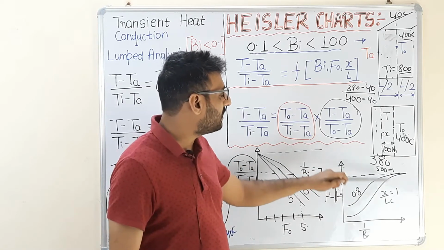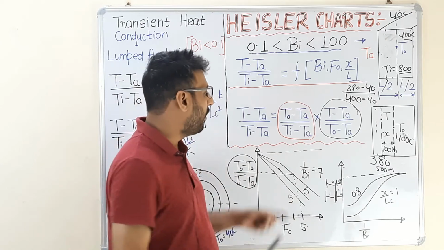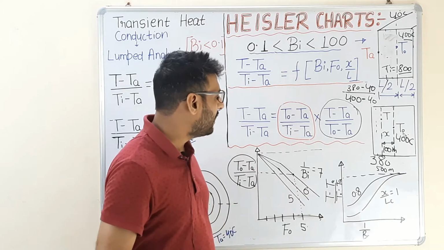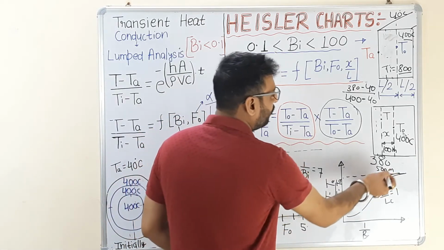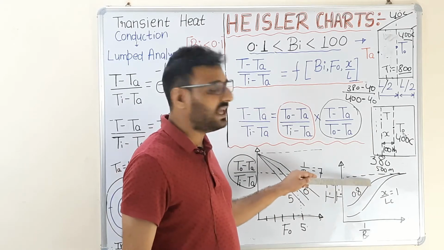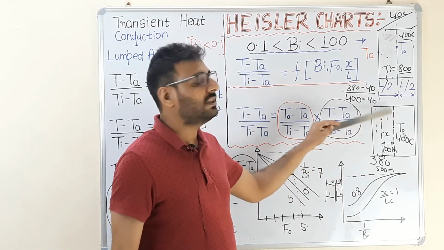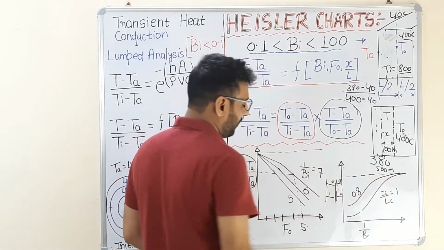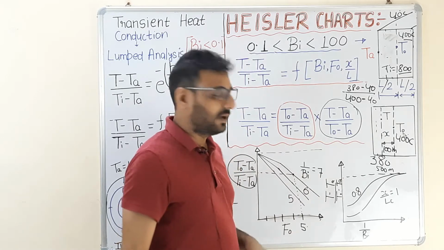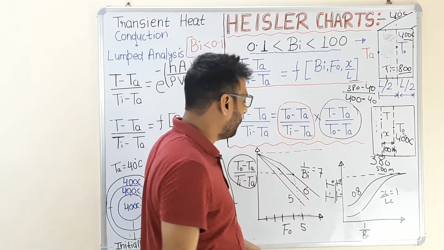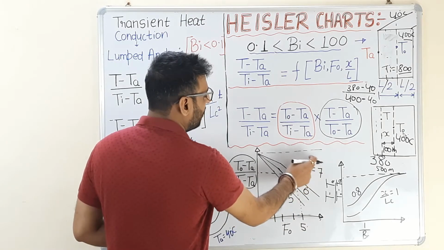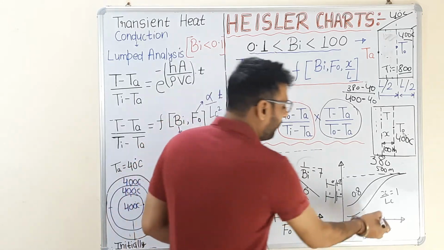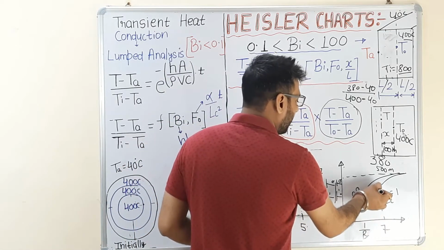So these are curves for the x by L, which varies from 0.01 to 1. So we will select the curve according to our problem. This curve basically depends on the location within the plate. Suppose our curve is 0.8. So we have selected this curve and now we will look at the value of 1 upon Biot number. In this case the value was 7. According to the value of 1 upon Biot number we will draw a vertical line.